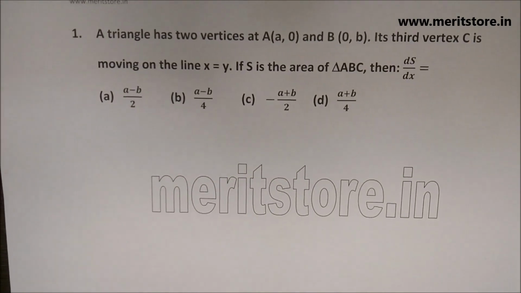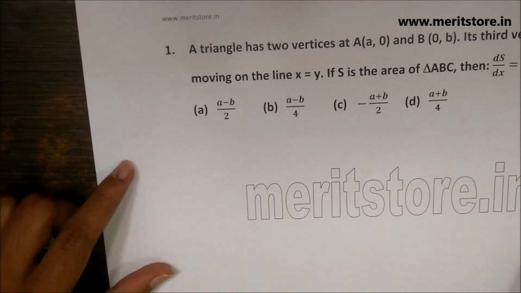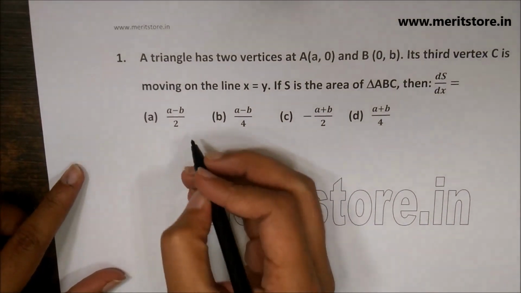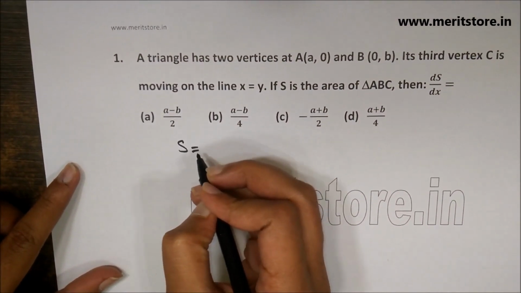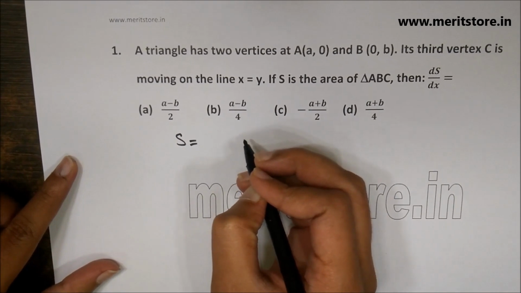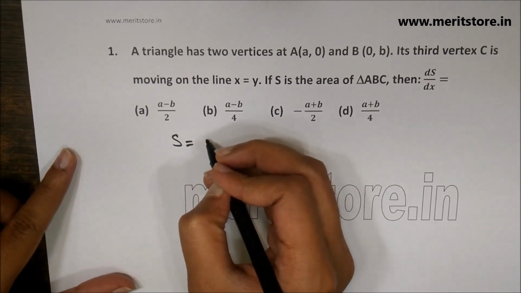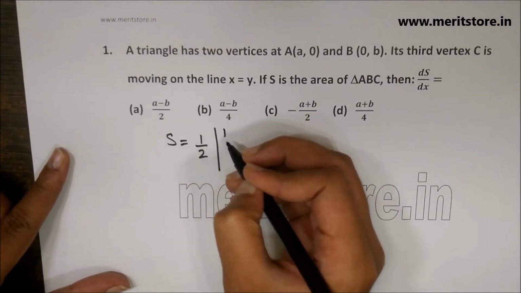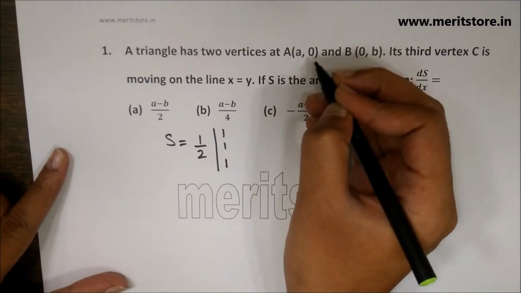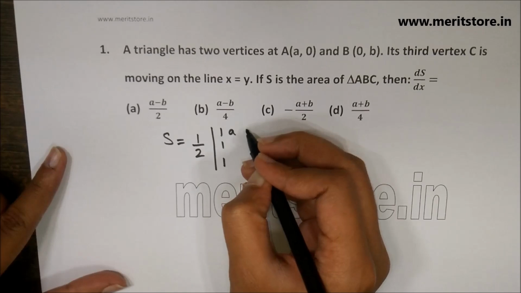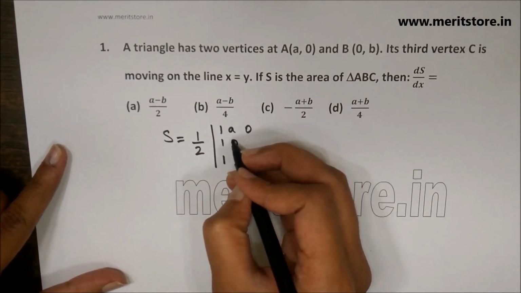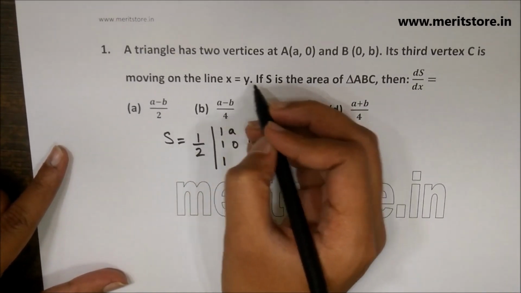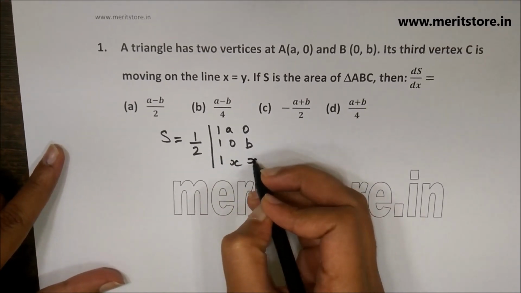So to find the area of triangle, let it be S. So we have to find the area of the determinant, which will lead to the area of the triangle, half of the determinant 1 1 1, filling in the vertices A, 0, 0, B. As x is equal to y, we can put both of them as x.